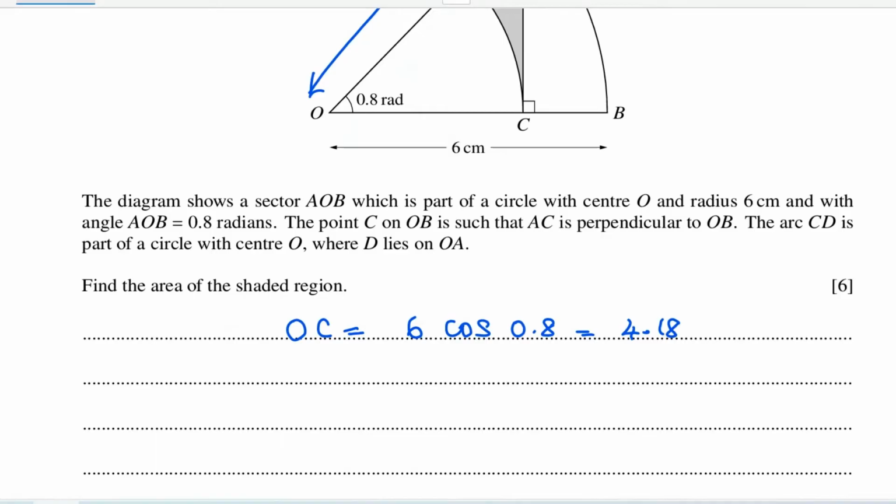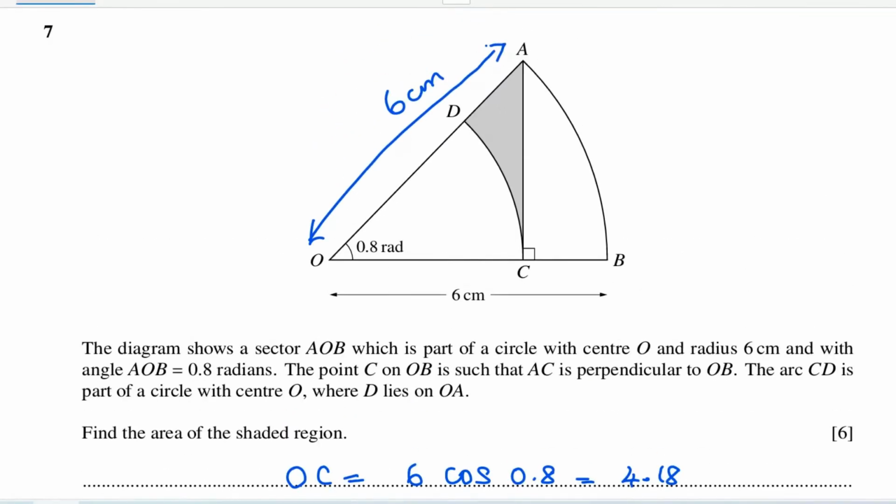We need to find the area of the shaded region, and we know the area of the shaded region is nothing but area of the triangle OCA minus the area of the sector OCD.